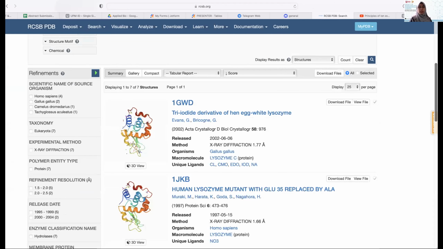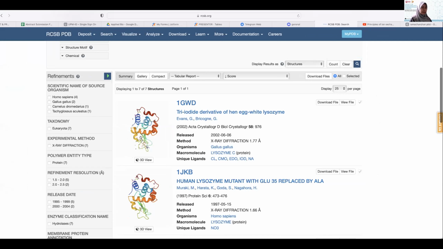In the PDB, this lysozyme has this structure, and it has been solved using the X-ray diffraction method with a resolution of 1.77 angstrom. This is a triiodide derivative from hen egg white lysozyme. It has been published in 2002 in Acta Crystallographica, D Biological Crystallography.